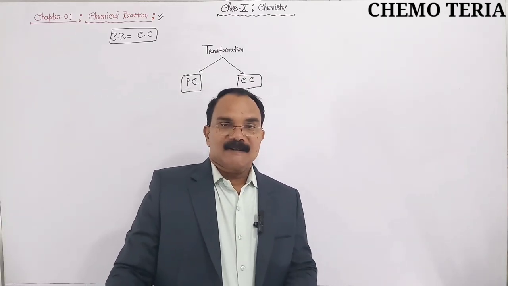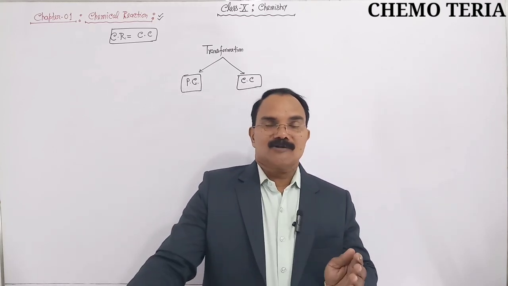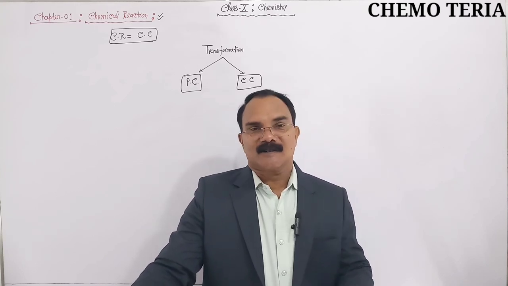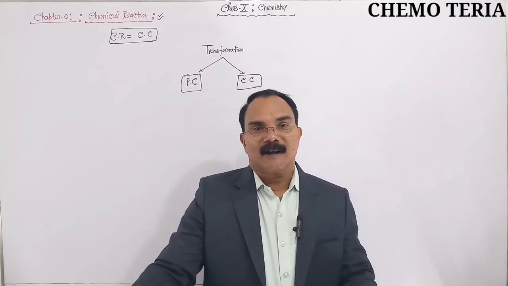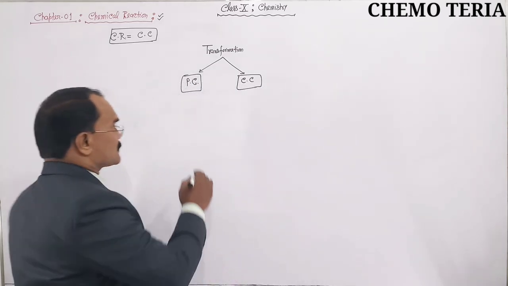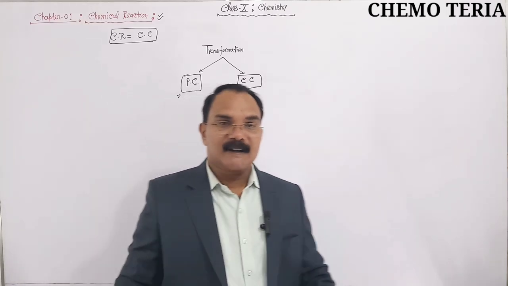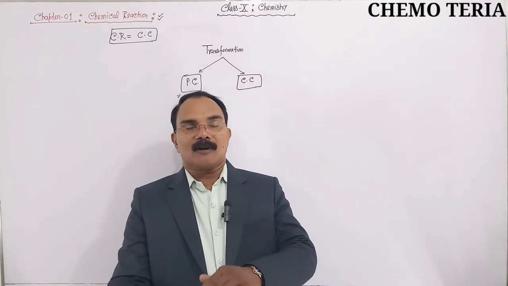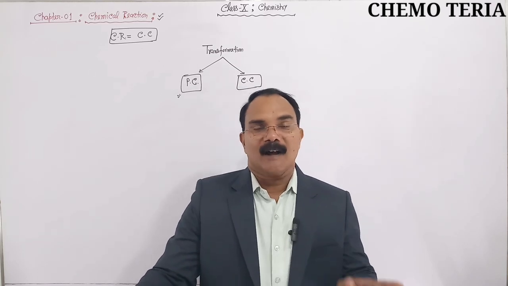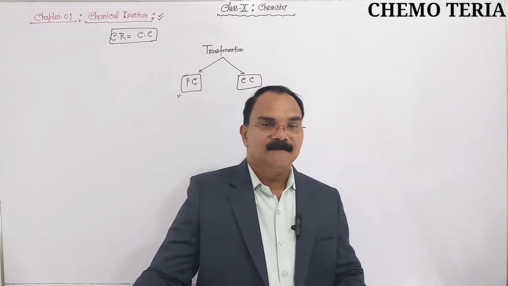What are physical changes? We say that if there is a change in the appearance of the substance only, but the basic structure is not changed and no new substance is formed, then it is called a physical change. And in a chemical change, if the composition of the substance is changing and a new substance is formed, then it is called a chemical change.